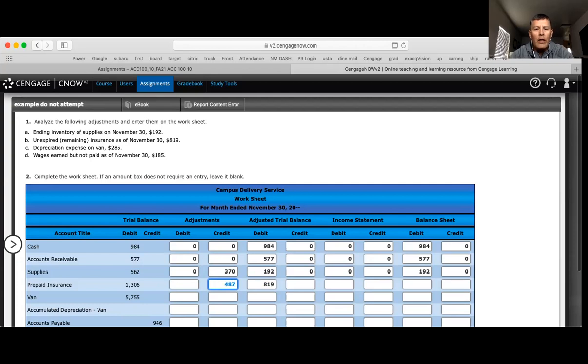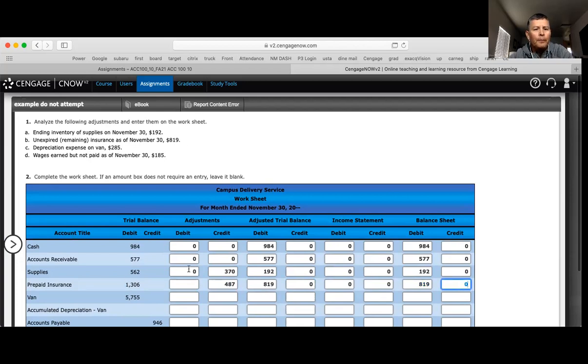So we used $487 of it this month. So 1306 minus 487 gives us 819. We didn't have anything in our credit for unadjusted trial balance, nothing in the income statement. So then now we have 819 on the balance sheet for prepaid insurance, and then 0 here as well.